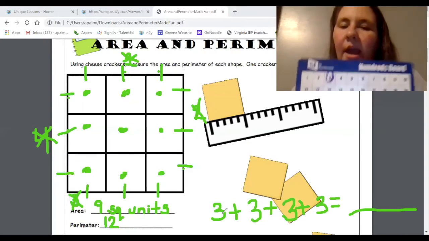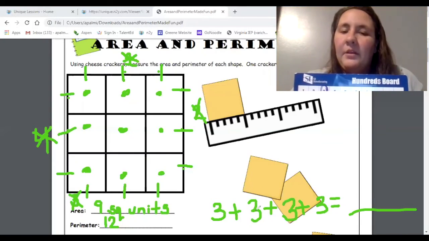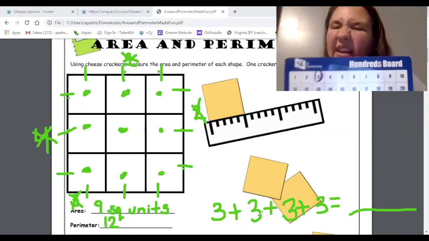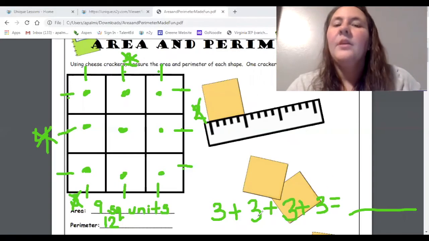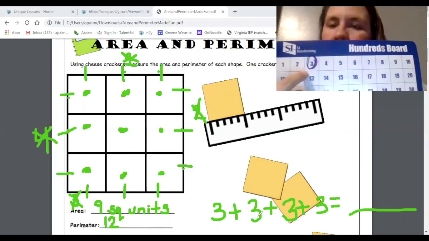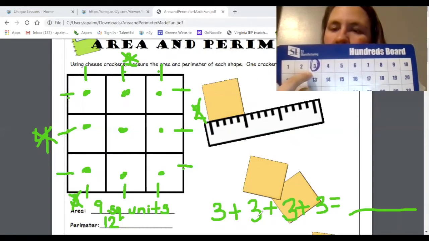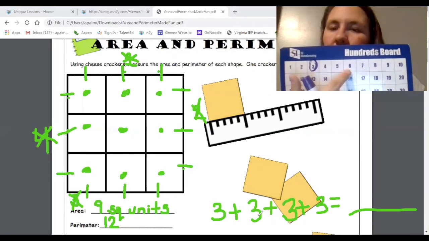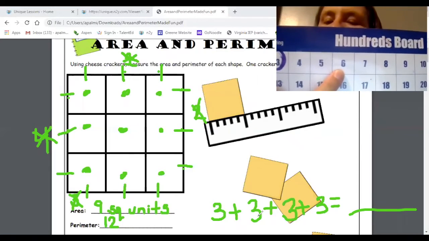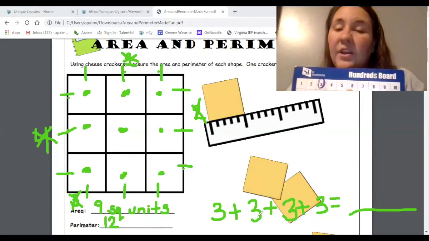Okay. And now I'm going to go to my next number. I'm going to leave my arrow there, my pencil, so I know that that's where I left off. How many do I need to count? Very good. I need to count 3. So I'm going to start on 3. I'm going to count 3. Are we ready? 1, 2, 3. What did I land on? 6. Very good.